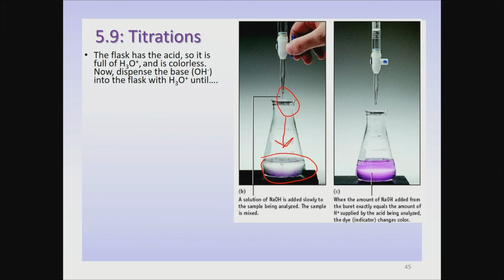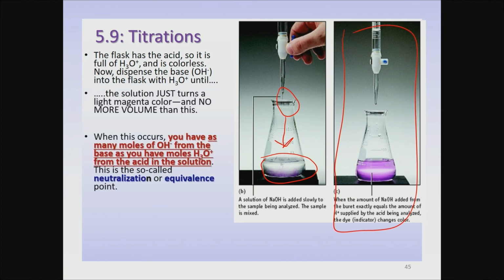However, you're going to get to this point here. At this point, you've added exactly enough base such that all hydronium ion molecules in the acid are neutralized by hydroxide ion molecules. When you get to this point, it is called the equivalence point.